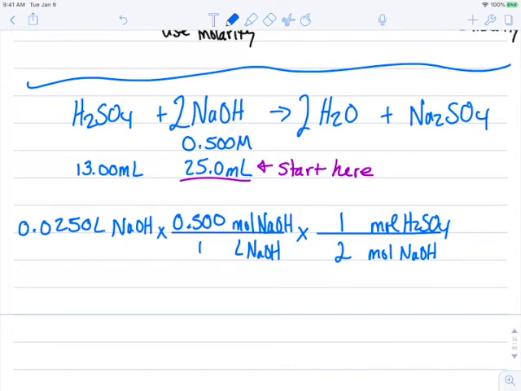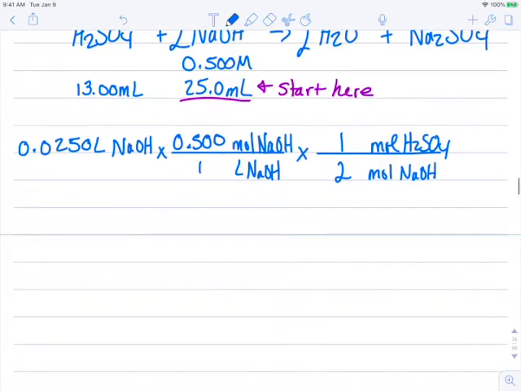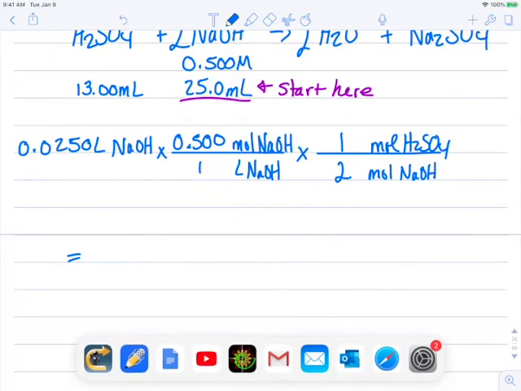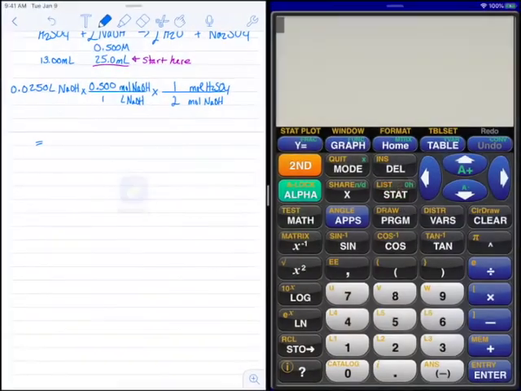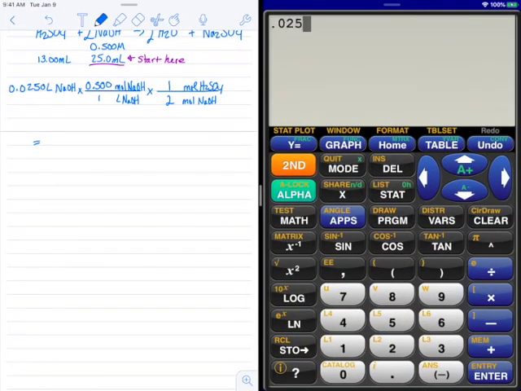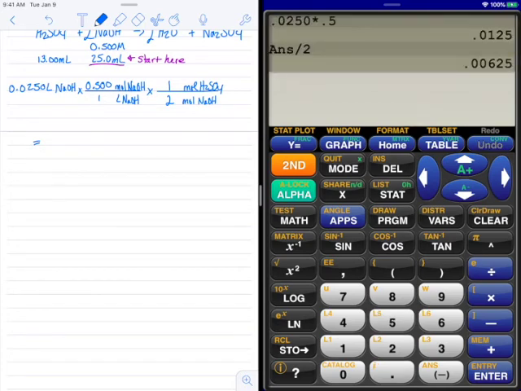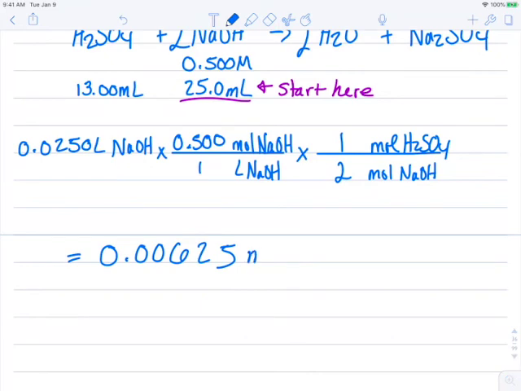I'm going to recommend pausing right here and finding our moles. So let's take our 0.0250 times 0.5 divided by 2, and at this point we have 0.00625. And these will be moles of H2SO4.